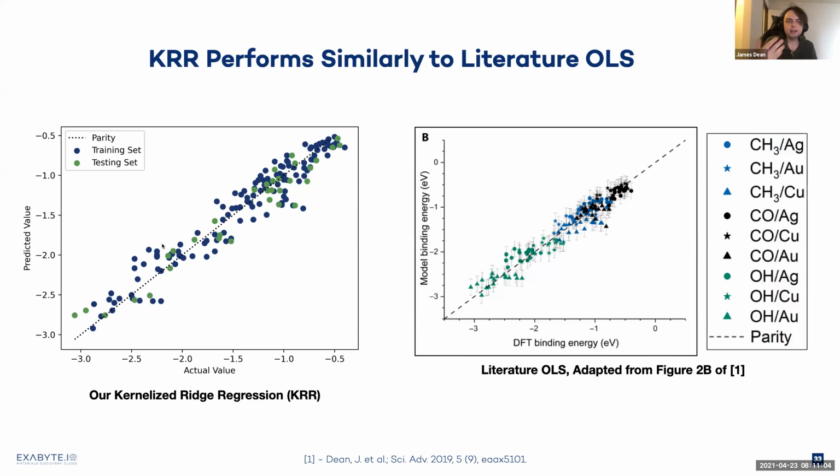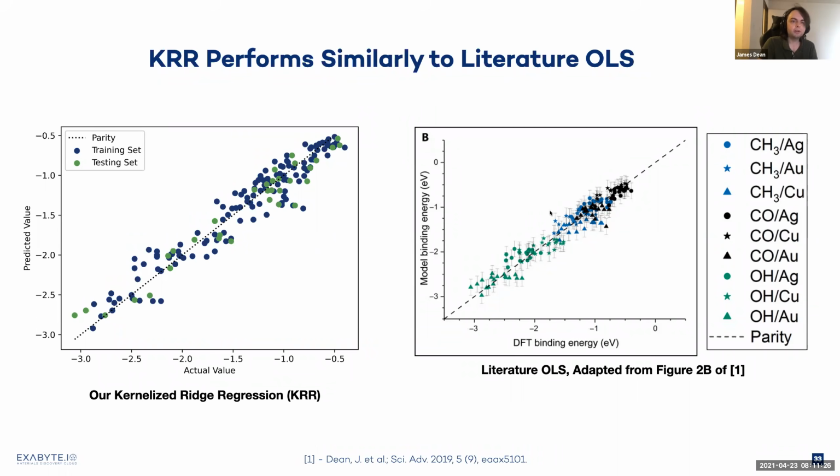And finally, comparing to the literature dataset, we find that kernel ridge regression performs pretty similarly to the literature dataset. So over here, blue is our training set, green is our testing set. Over here, they're coloring by the different adsorbate and the different nanoparticle shapes. Their error bars also were generated using cross-validation.